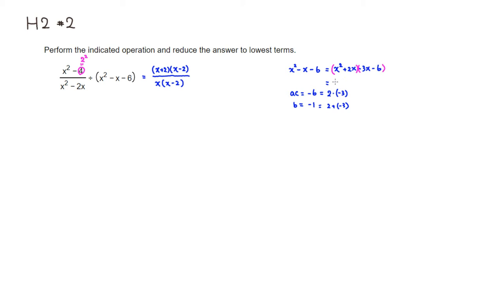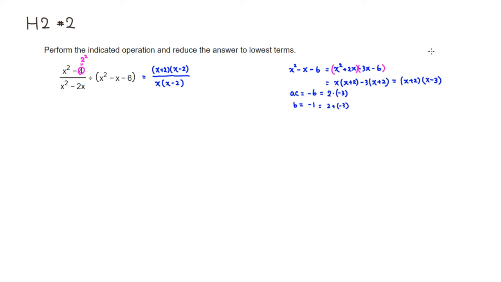So x is in common, giving x times (x plus 2). And then negative 3 is in common, giving negative 3 times (x plus 2). It looks like we have x plus 2 in common, so we have x plus 2 there, and what's left is x minus 3.